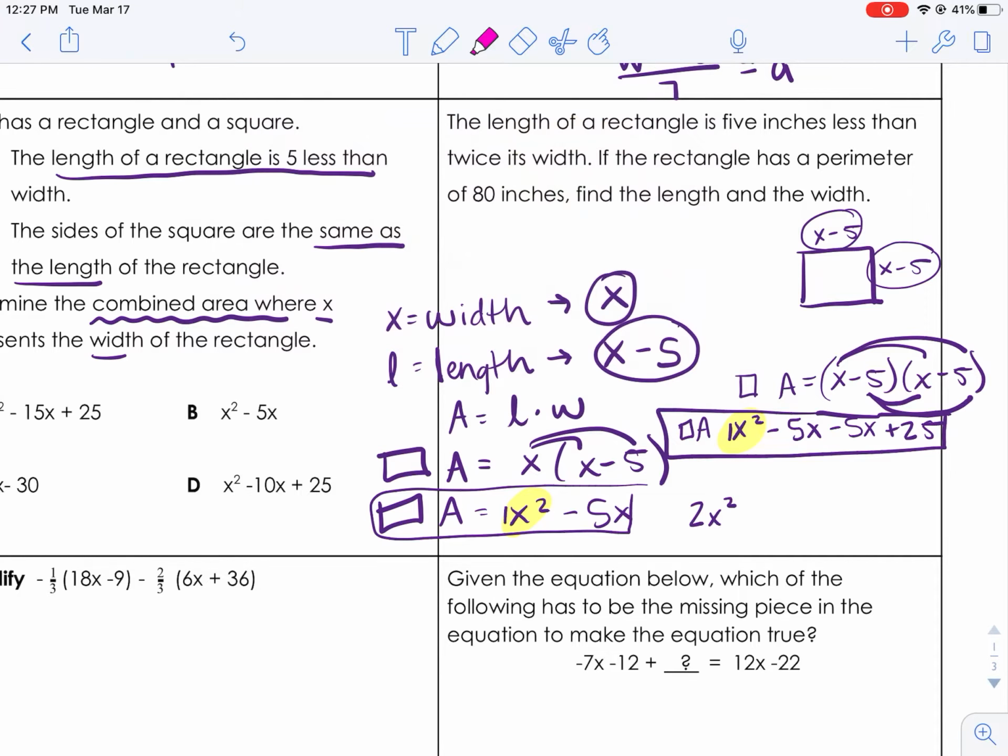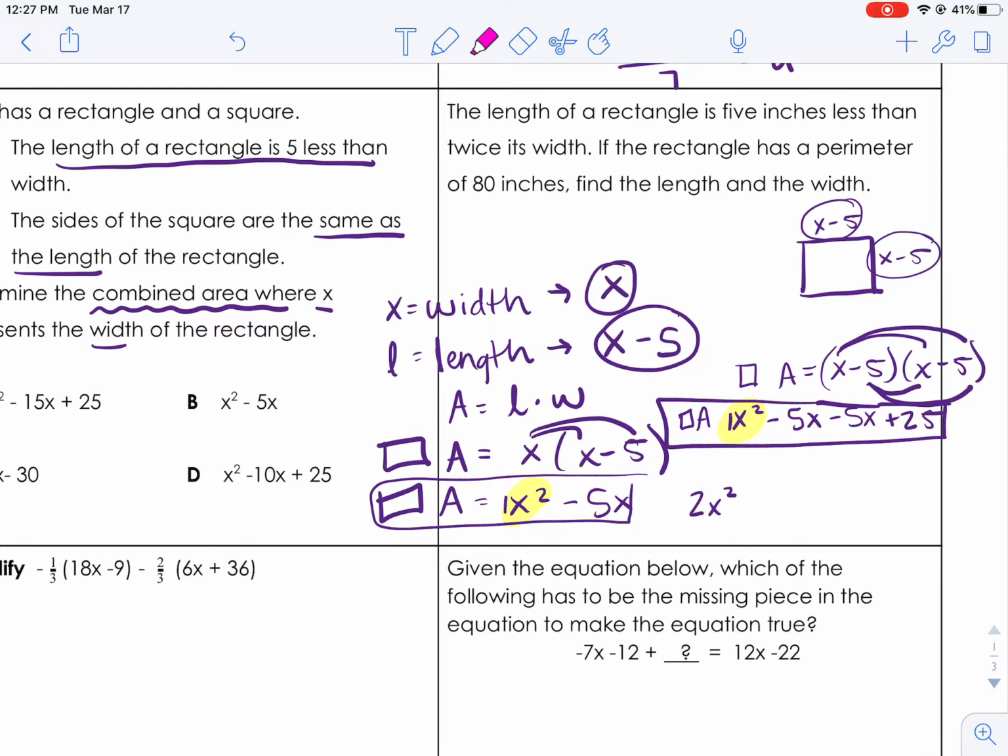Okay. I'm also going to combine my x terms because they have the same letter and the same exponent. So I've got negative 5x and another negative 5x and then one more negative 5x, which is going to give us negative 15x. And then we have a constant term, remember, that term without a letter beside it.